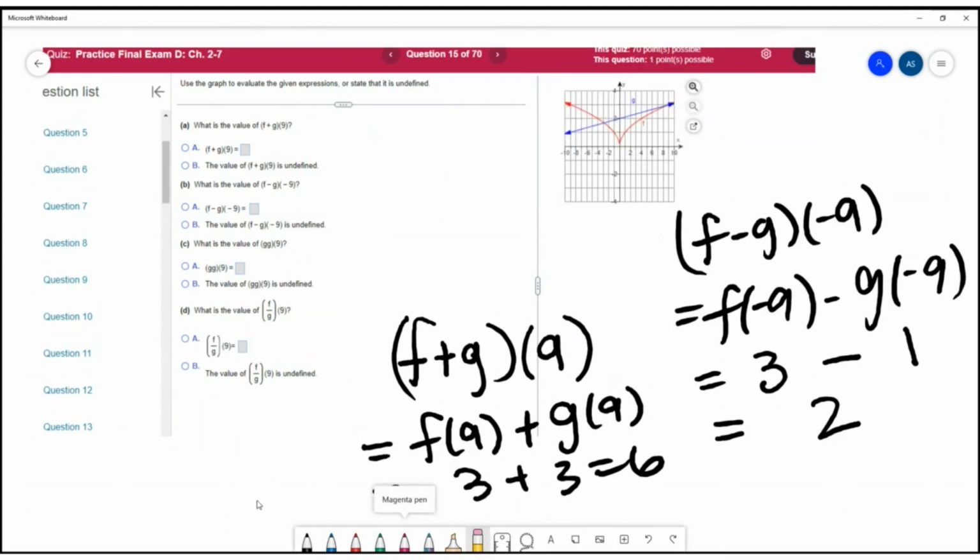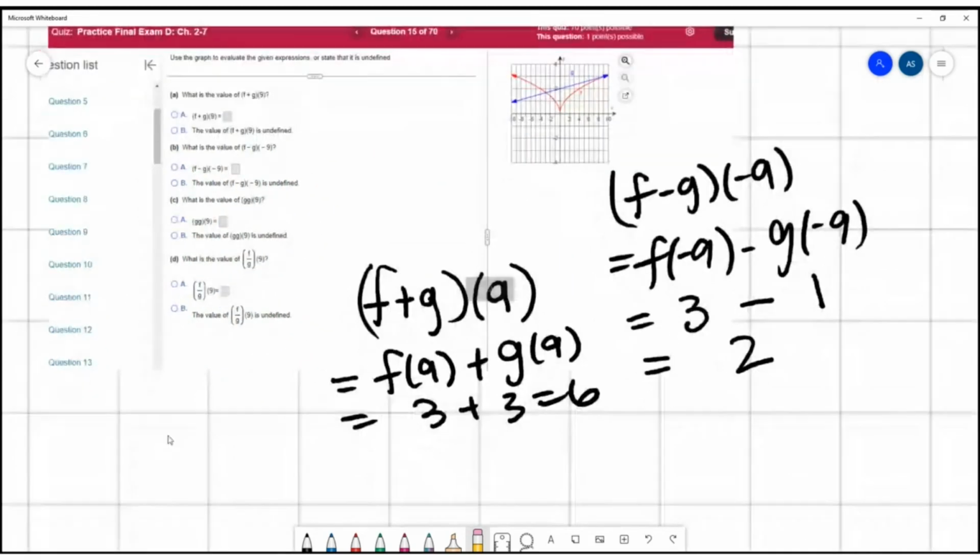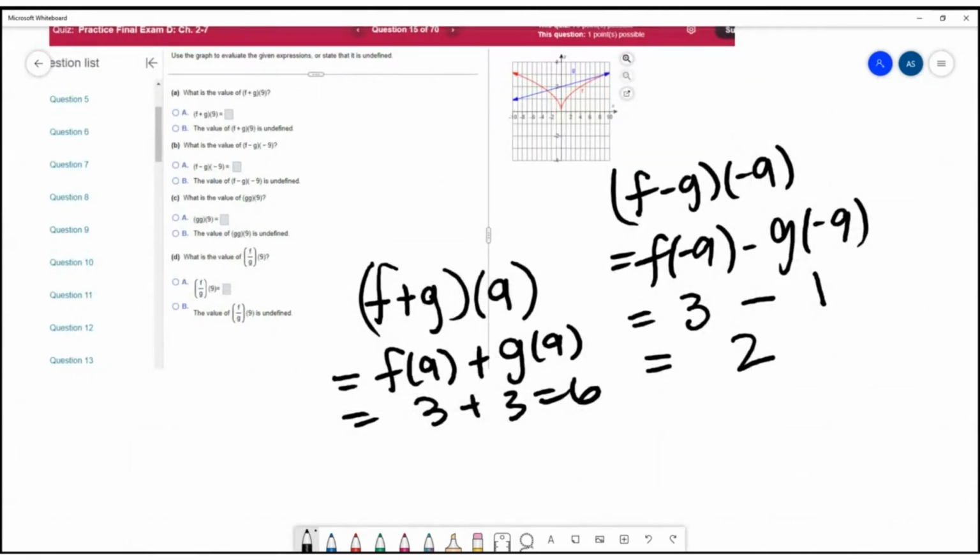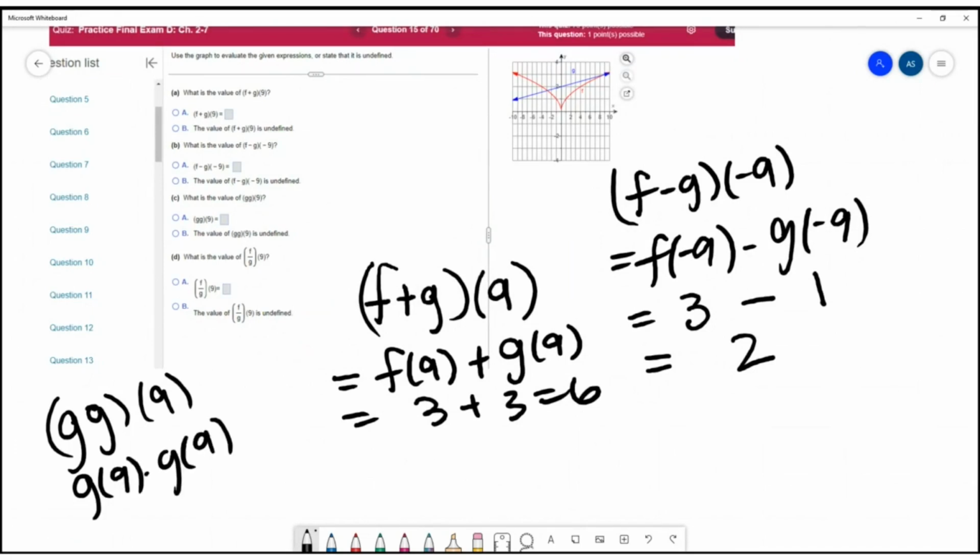Part C is g times g of 9, and that's g of 9 times g of 9. Just a moment ago, we found g of 9 to be 3, so that's 3 times 3, which is 9.